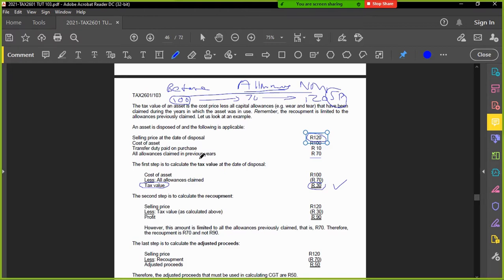Is transfer duty a cost of purchase or a tax on the purchase? It's a tax on the purchase. So you're not going to include tax as part of this working. If it was VAT, you also wouldn't include VAT, right? Okay. What happens if it was delivery costs? You'd add it, because that's applicable to the asset. Does that make sense?